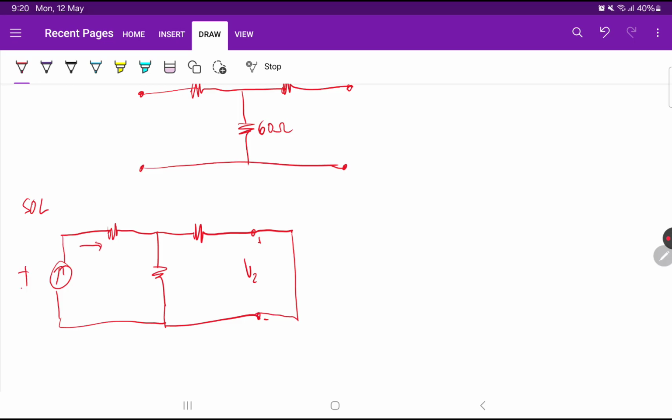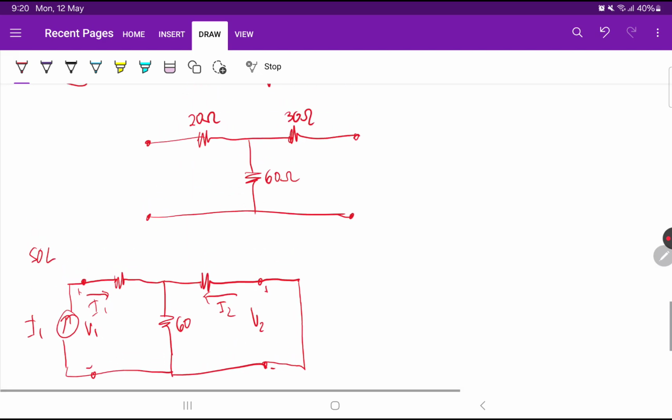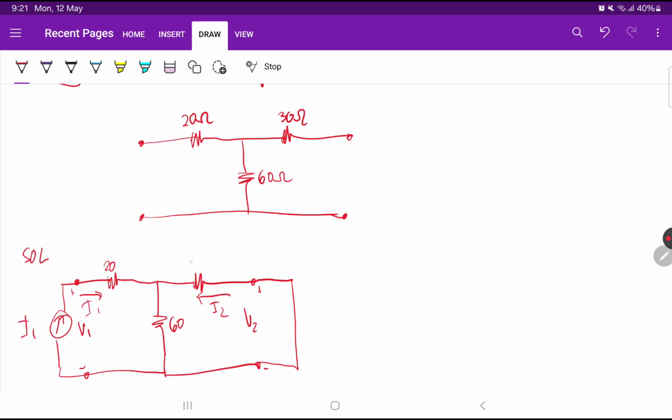So this will be I1. And still we have I2 here. This is 60 ohms. I1, and we have a voltage here. This will be V1. 60, 20, and 30.